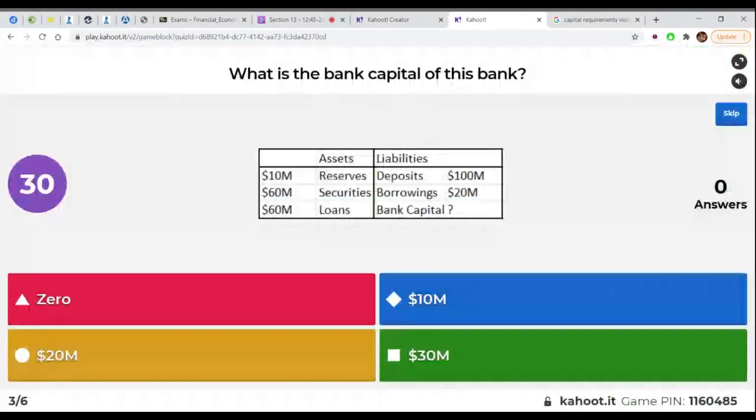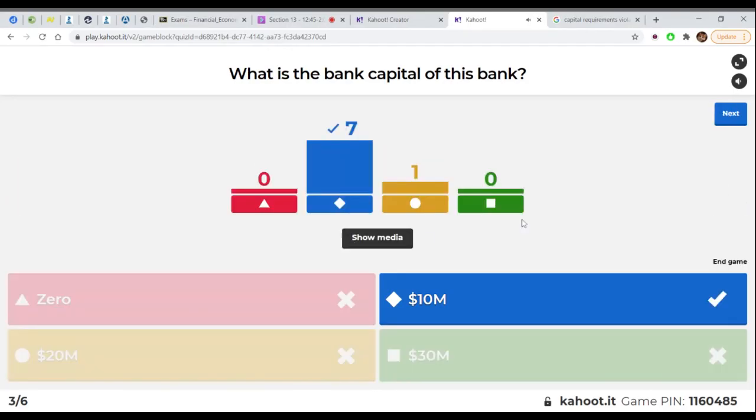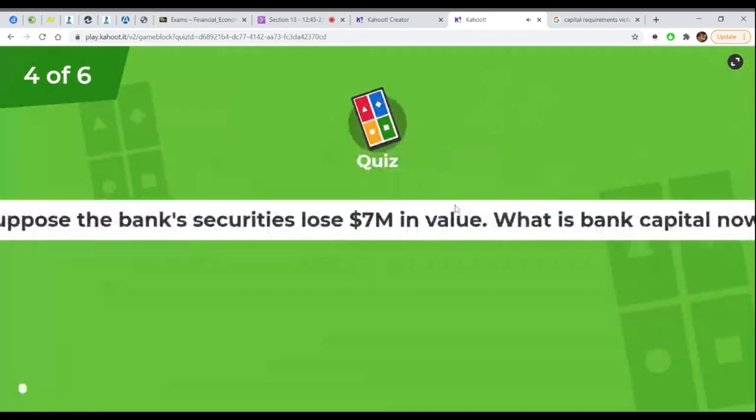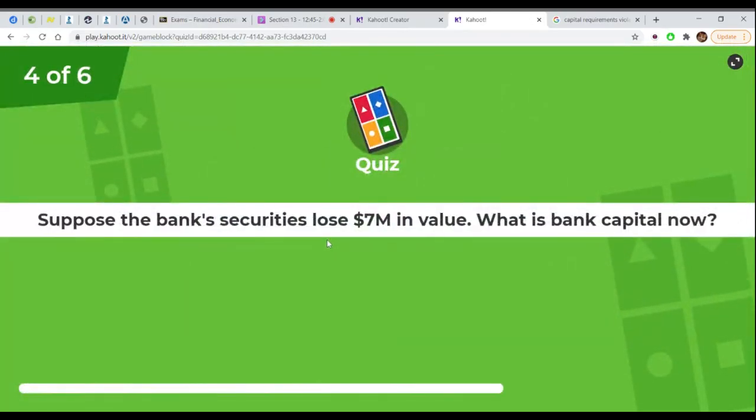Third question, what is the bank capital of this bank? So here is a balance sheet. We must figure out how much bank capital this bank has. Okay, almost everyone got it right. Very good. Fourth question, suppose this bank's securities lose 7 million.